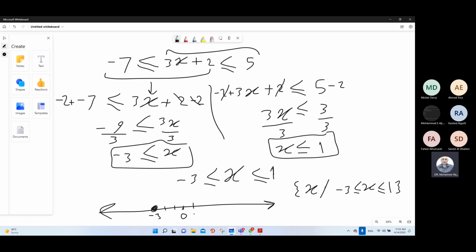This is 1. And we have equal in the sign, so draw a shaded circle. So the solution is the area between -3 and 1, including -3 and including 1. This is the intersecting solution, or the solution for the compound inequalities.